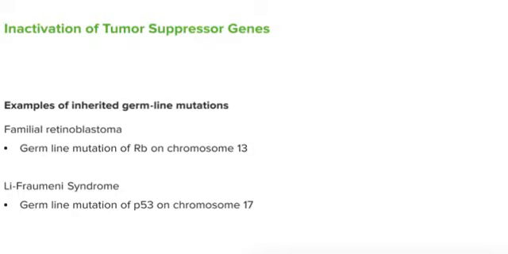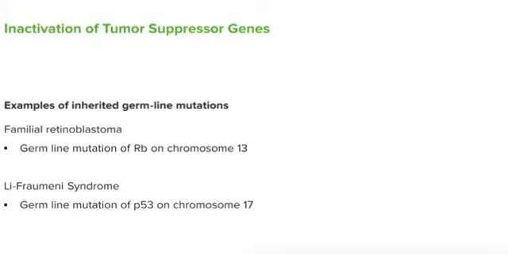Once again, one that has been inherited is called your familial. All you need is one more hit to bring about your oncogenesis, whereas if it is sporadic, you need to have both hits taking place somewhere in your progeny. Let's talk about the examples of inherited or familial type of hits.